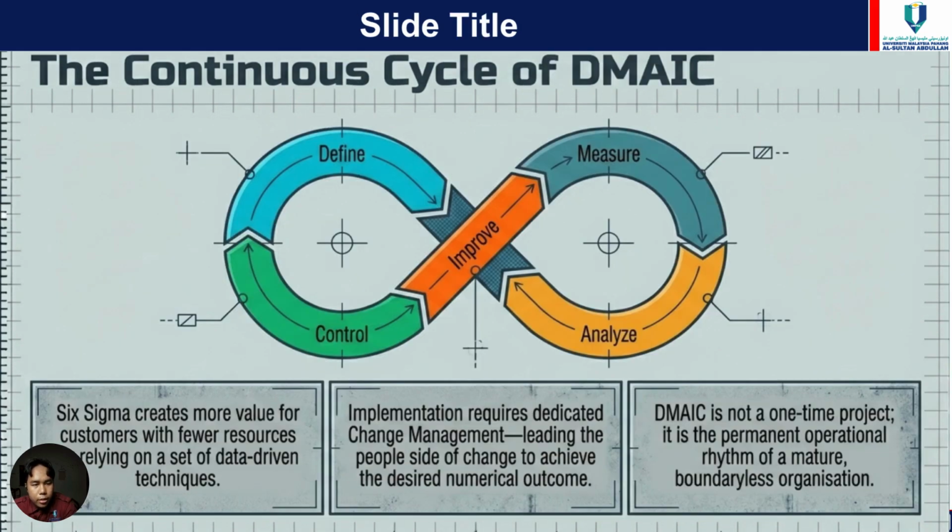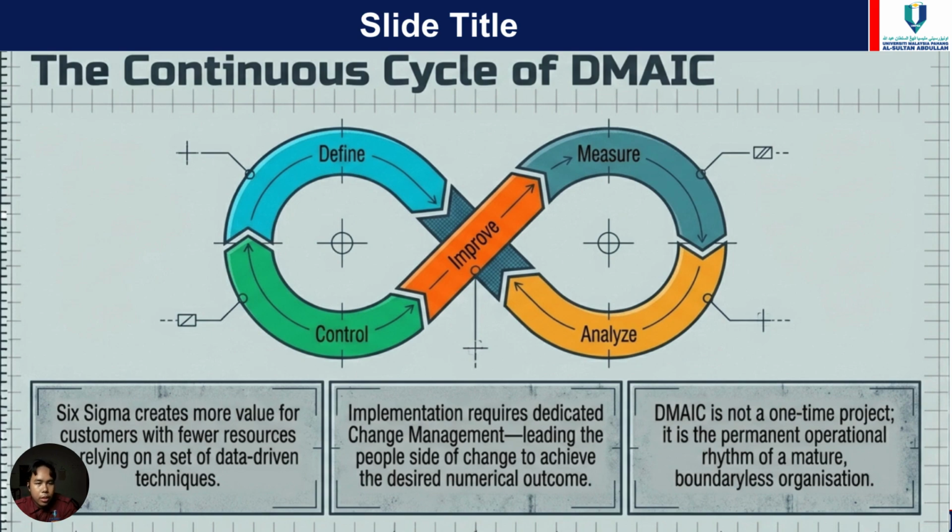So DMAIC is also a continuous cycle where we start with define and then measure, analyze, improve, and control. And if we still have a problem, we define the problem again, and then measure, analyze, improve, and control, and so on.